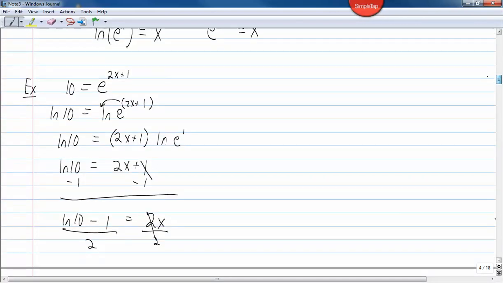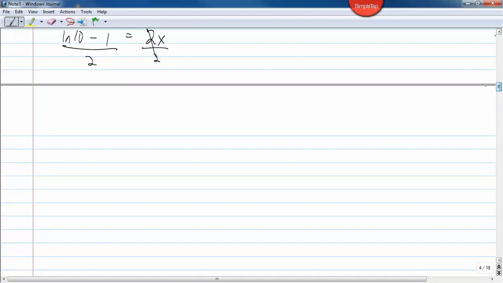So that is an exponential equation that we used its inverse, natural log, to help us solve. You could also have a natural logarithm problem, like say the natural log of 2x minus 3 equals 5. And you can use the inverse of natural log to help me solve this.